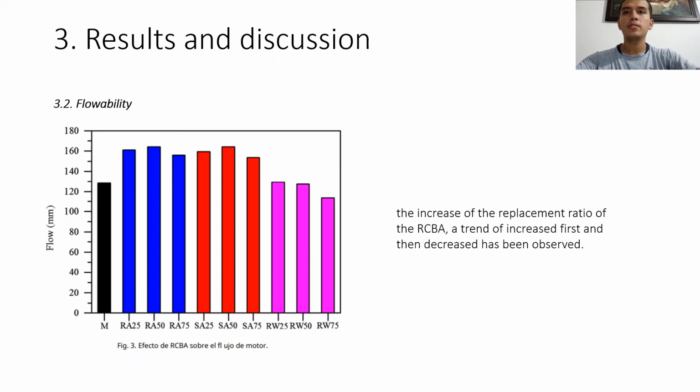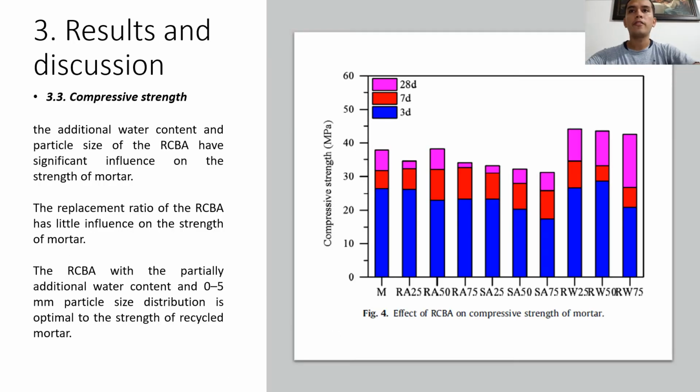The next parameter to evaluate was fluidity. With the increase of the replacement ratio of the RCBA, a trend of increasing first and then decreasing has been observed. Another factor to analyze was the compressive strength.